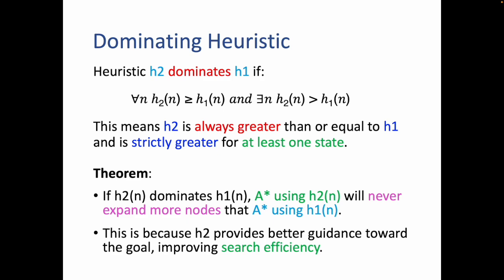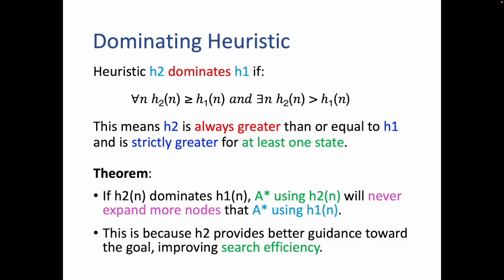Now, let's say you have 2 heuristics. For example, one is with misplaced tiles, the other one is with Manhattan distance, or any other heuristics that you have. So you have 2 estimated costs. If heuristic 1, let's say, is 7, and heuristic 2 is 8, okay?